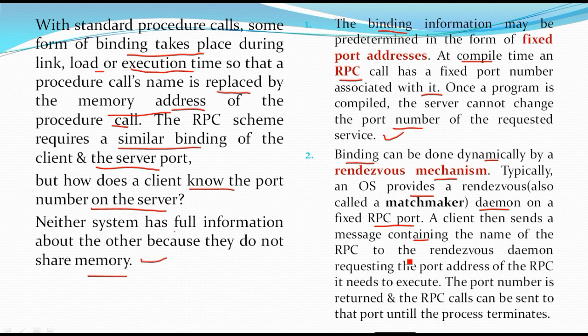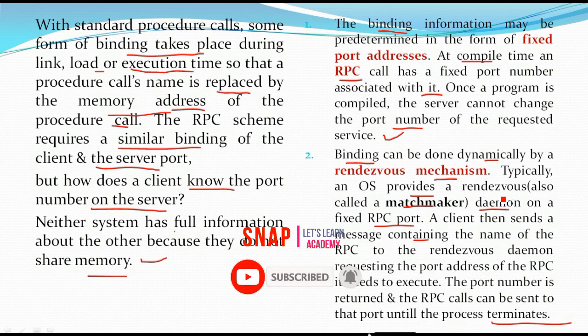It needs to execute, the port number is returned, and the RPC call can be sent to that port until the process terminates. This matchmaker, which is called Rendezvous, is the daemon on a fixed RPC port.